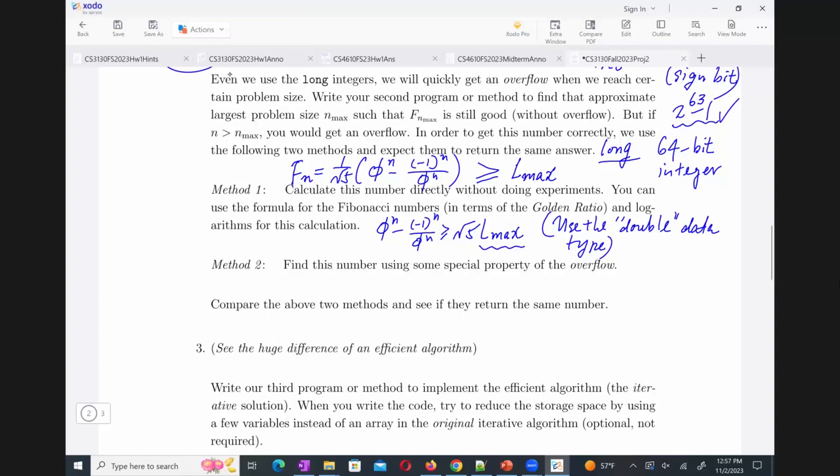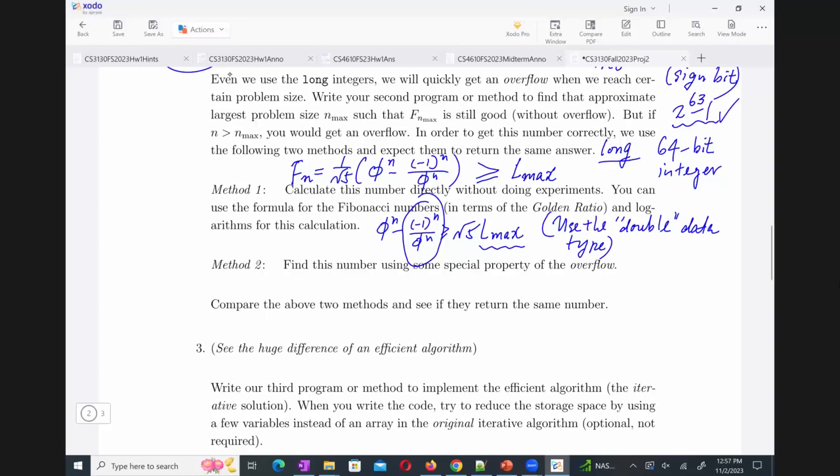Then look at this part. How large is this part? The numerator is plus or minus 1, so the absolute value of the numerator is 1. How large is the denominator? When n is large, the denominator is extremely large, right? It's root 5 to the n. If the denominator is extremely large, is the number close to 0?